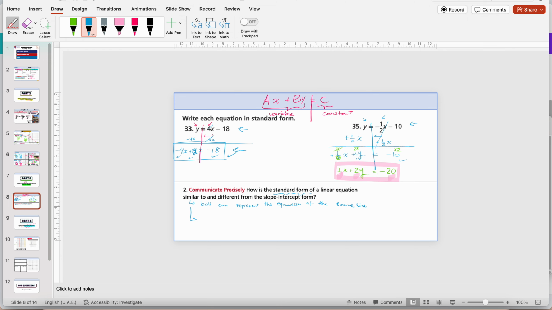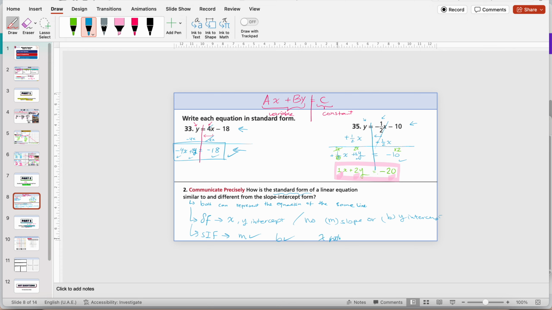How are they different? Now, the standard form you can graph using x and y intercept, and it does not show the slope or b, the y-intercept. But in slope-intercept form, you can clearly see the m, you can see the b, but you need to find the x-intercept.